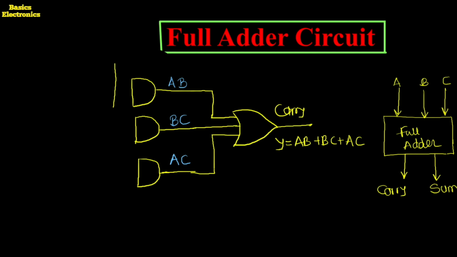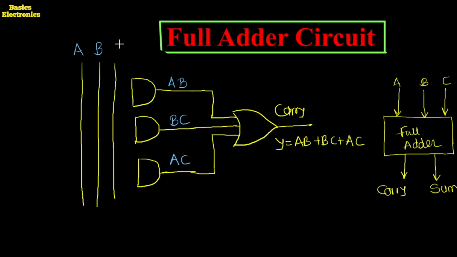The first line is the A line, and the other lines are for B and C. Here is the input A, here the input B, and this is the input C. These input lines we have to connect with the AND gates: this one is the first AND gate, this is the second one, and this is the third AND gate.